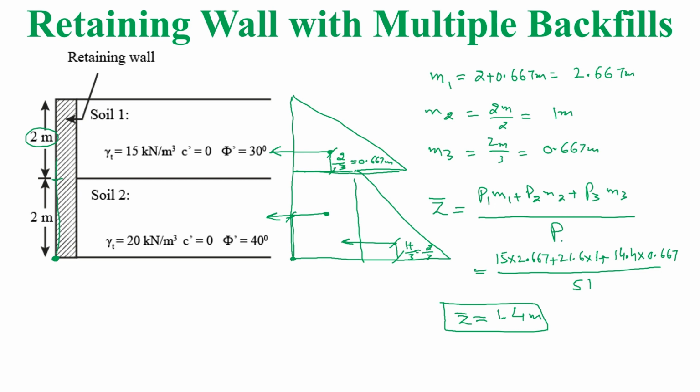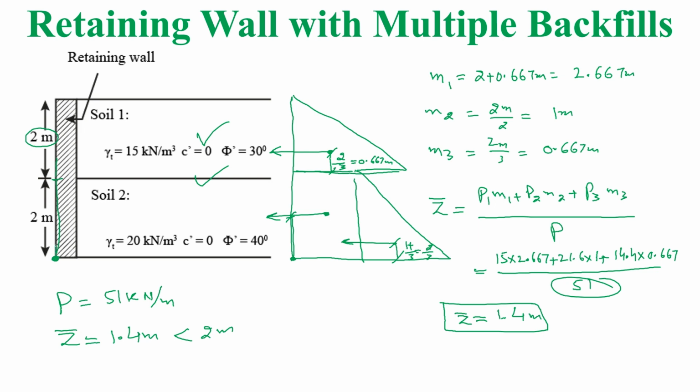So what does it mean? The P is 51. So we can say that the total force acting on the wall due to these two soils is 51 kilonewton per meter, and it is acting at a distance of 1.4 meters from the base. So simply we can say that 1.4 meter is less than 2 meter.